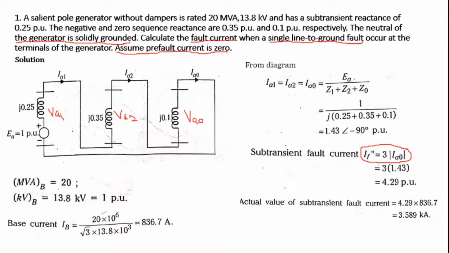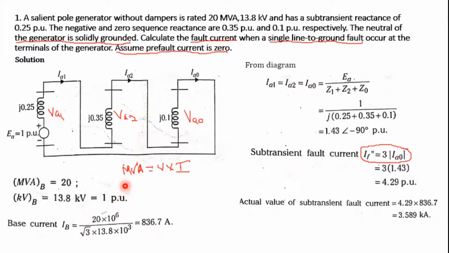We know that MVA is equal to voltage into current, so V into I. Here I want to calculate the current.